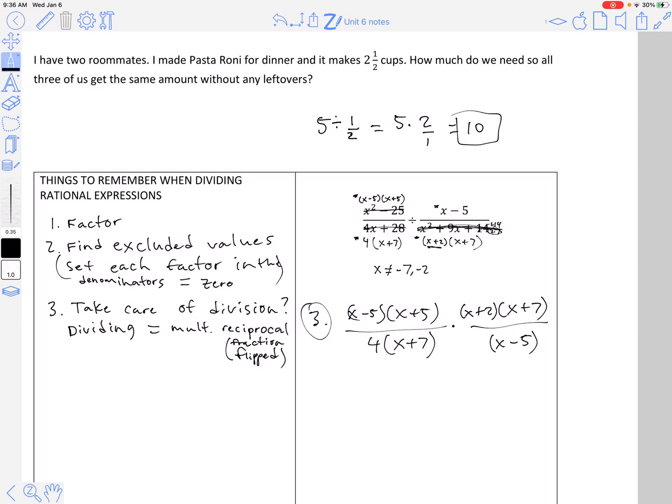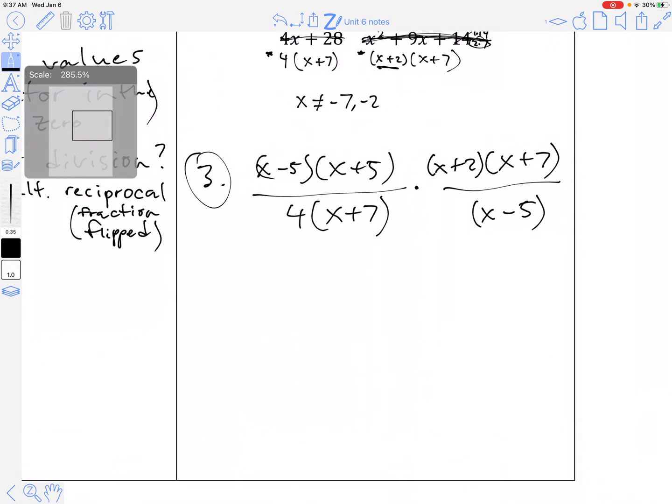Okay, just kind of a side note, multiplying by the reciprocal. Or if I had 5 halves and I had divided by 3 halves, that'd be the same as 5 halves times 2/3. So just showing you can multiply by the reciprocal, the first part stays the same. Okay, so that's what we just did.